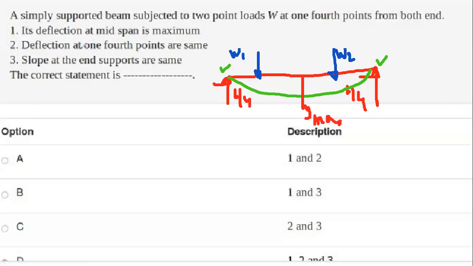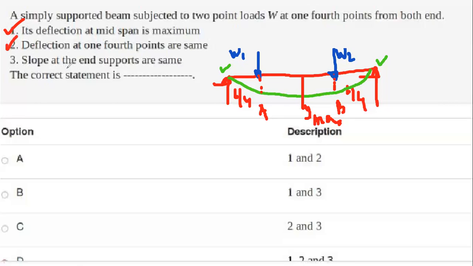So that's why the first statement is correct. The next, deflection at 1/4 points is the same. As loading is symmetrical, the deflection at point A is the same as at point B, due to the symmetrical loading condition. So the second point is also correct.